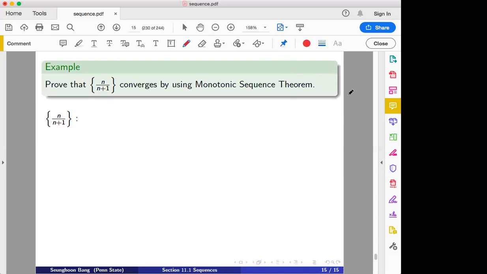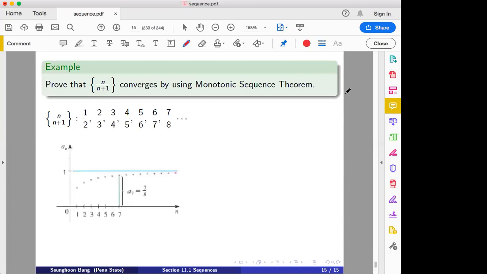First, for n over n plus 1, you can plug in 1, 2, 3, and so on. What happens? 1 over 2 is your first term, plug in 2, 2 over 3, then 3 over 4, 4 over 5, 5 over 6, 6 over 7, 7 over 8, and so on. First, is this sequence monotonic? Either increasing or decreasing.